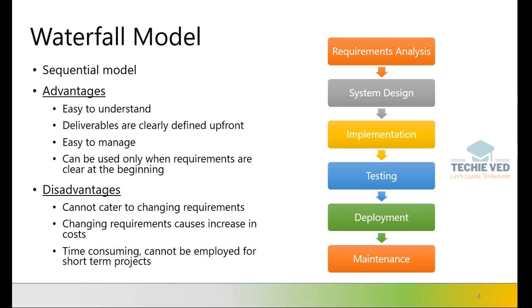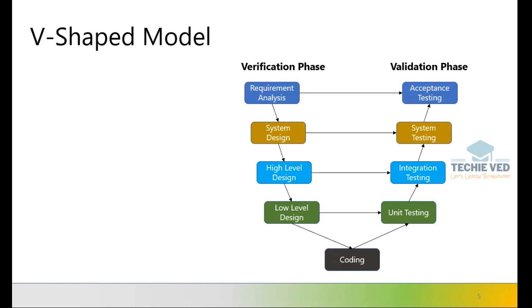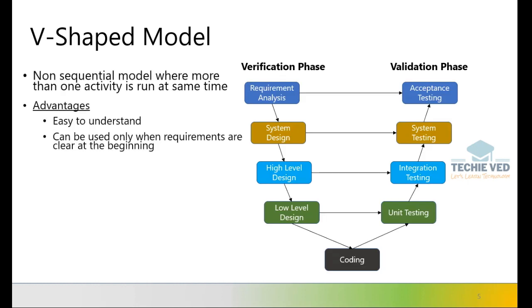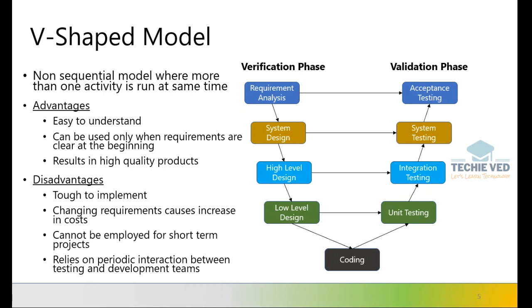Let's look at the next model, the V-shaped model. This is somewhat closer to the waterfall model, but with additional steps. It is called V-shaped because there are two Vs, the verification phase and the validation phase, as you can see from the picture. This is again a sequential model, where you go from requirements, system design, high level design, low level design, coding, and unit testing.